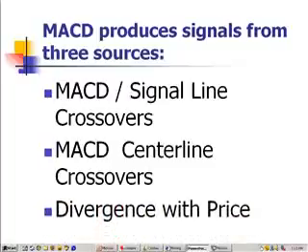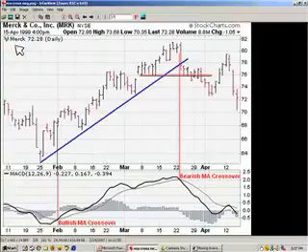The most powerful signal that MACD produces, in my opinion, is the divergence. The divergence that MACD has with price, although it's the least frequent signal, is the most powerful, produces the biggest moves, and is also the most reliable signal.